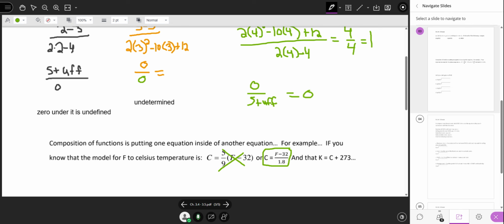Celsius plus 273. So if I put this equation here, then Kelvin is Fahrenheit minus 32 divided by 1.8, and then you would add 273.